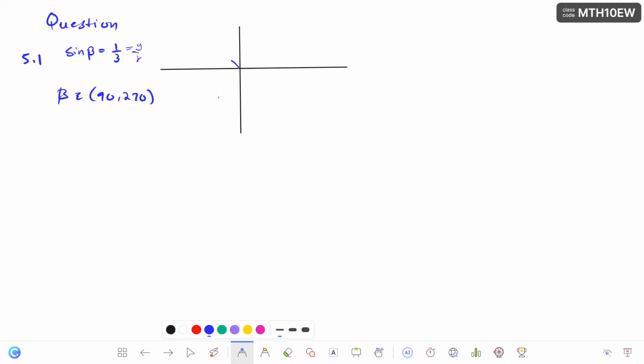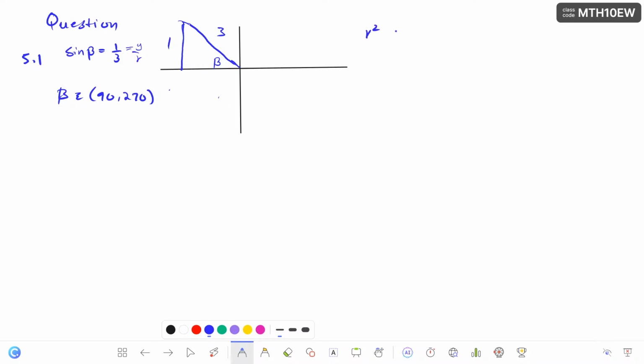So we're going to draw a line here, and then we close here. Why? Because we are guided by y being positive, only up. So our hypotenuse is 3. Then our opposite is y. So beta is here, and now we need to calculate our x.